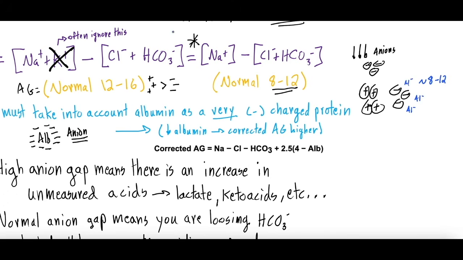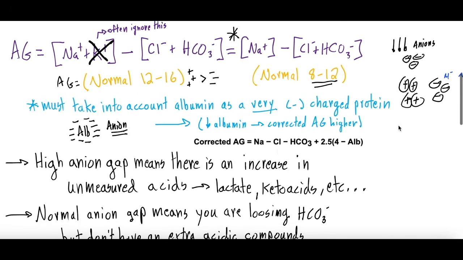Well, if it's 8 to 12, but you have low albumin, so you only have 1 albumin floating around, what that is telling you is that you have another molecule present that is compensating for that low albumin, right? So essentially, there's something else here that is compensating for that albumin not being around, that is making the anion gap look normal, even though it is not. So you always have to correct for low albumin.